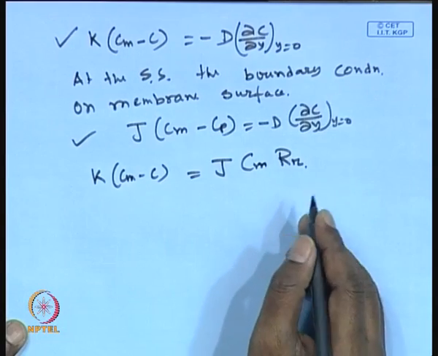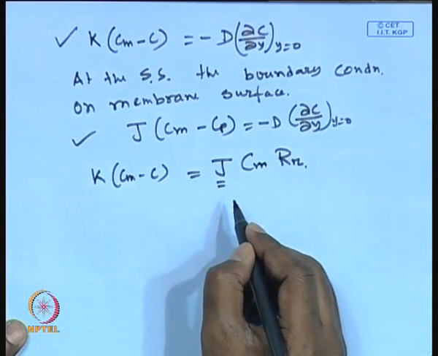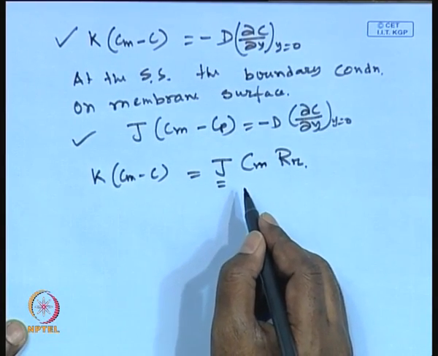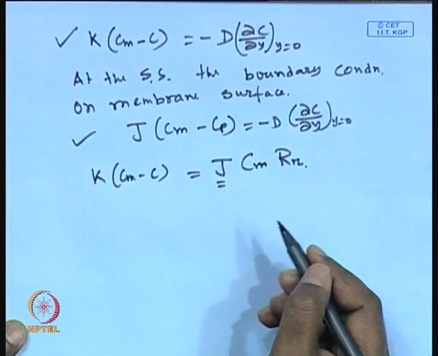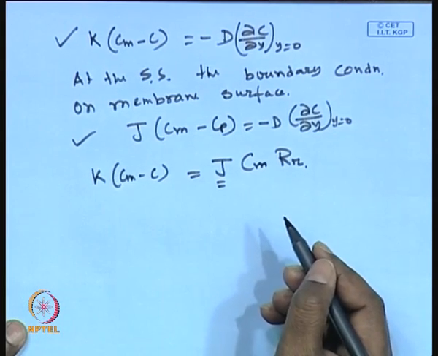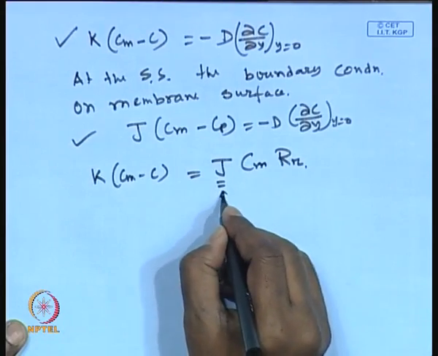Now, we have already got an expression of J, which is J equal to Lp into (delta P minus delta pi), and we have expressed how delta pi can be expressed in terms of Cm and real retention. So, just insert that equation here.